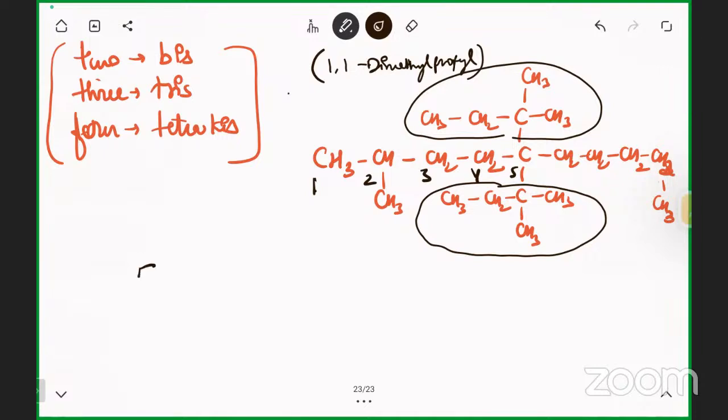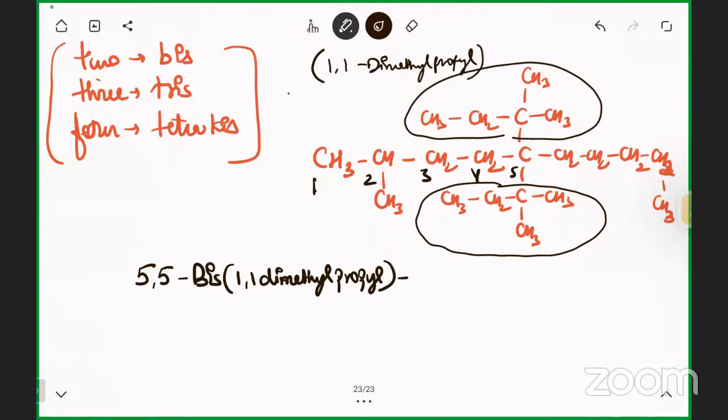So it will be 5, 5, on the fifth position above and the fifth position below. Bis, because two of the same substituent are present. Then we'll use bis. 1, 1 methyl propyl, methyl propyl.